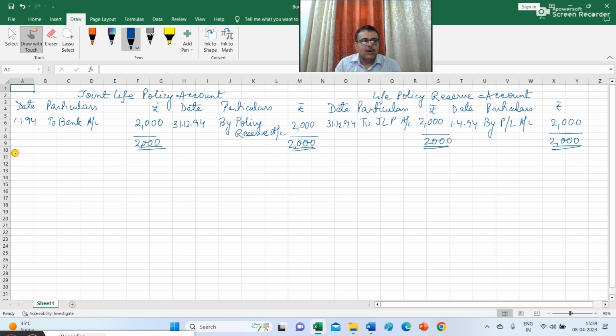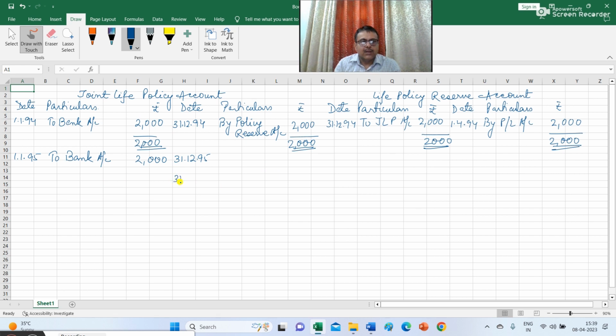Now in the second year on 1st January 95 premium has been paid. So to bank account rupees 2000, and at the end of the year the joint life policy account will be carried forward at surrender value.